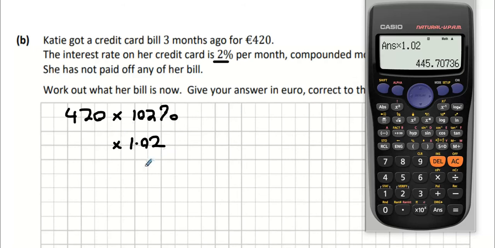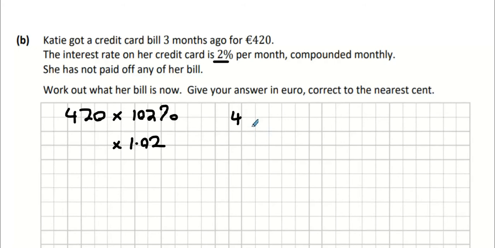Now you can multiply 3 times and get this answer this way. The quickest way to do it, however, is to write down 420 multiplied by 1.02, excuse me, because it's 2% extra, and do that to the power of 3.